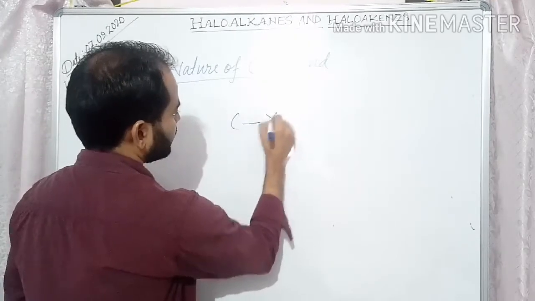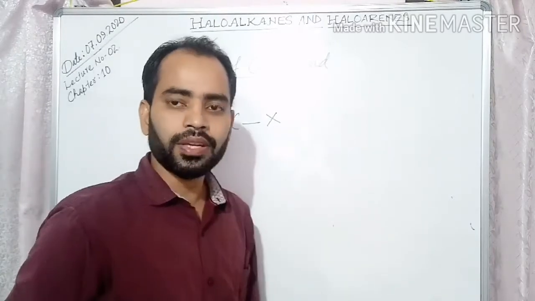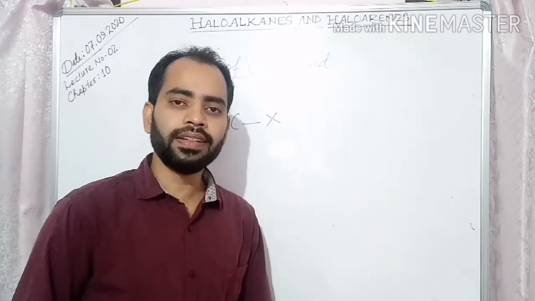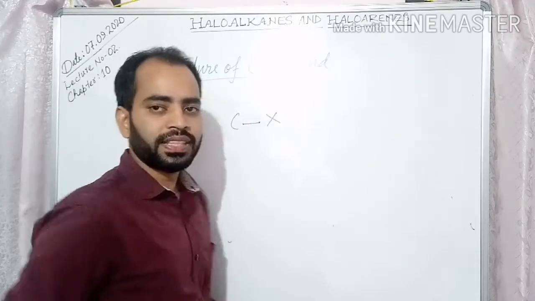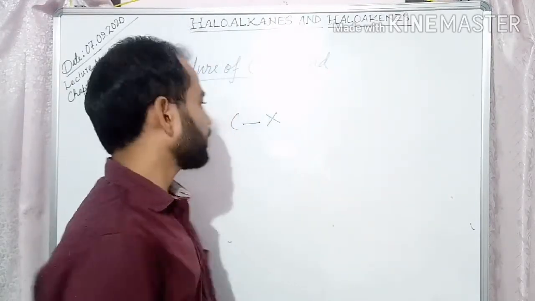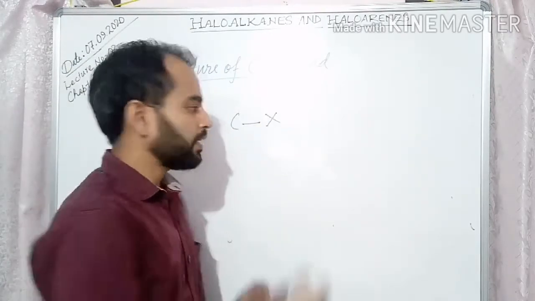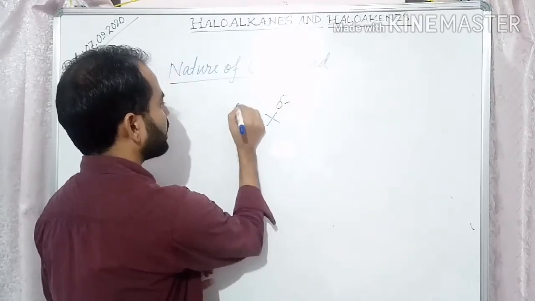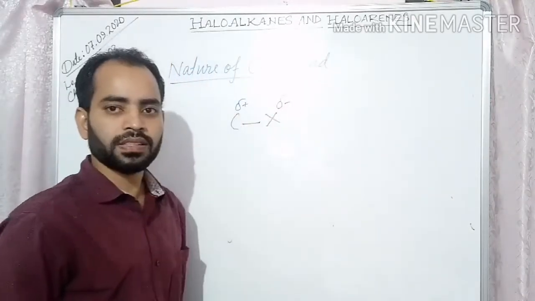In this bonding, this is your carbon atom and this is your halogen atom. And we know halogen atoms are more electronegative than carbon. That means the tendency to pull the shared pair towards itself is known as electronegativity. So it is more electronegative than carbon, and as a result this gets partial negative charge and this acquires partial positive charge, delta minus and delta plus.